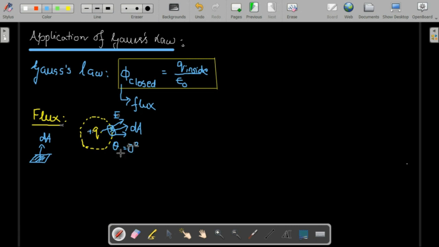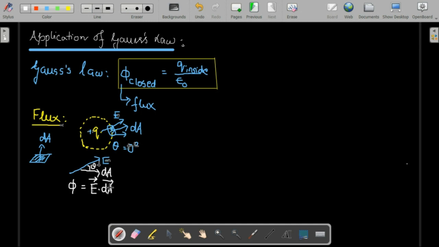But in case the electric field is in one direction, let's say this is E, I'm just giving a general statement, and the area dA might be in some other direction, and maybe the angle between them is theta. Then the flux we are talking about is given by E vector dot dA vector.